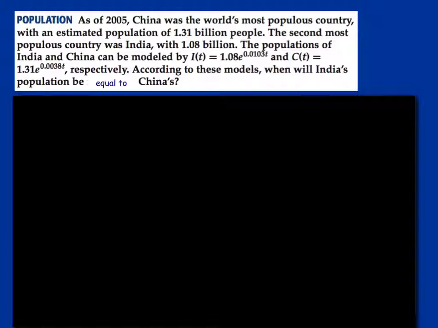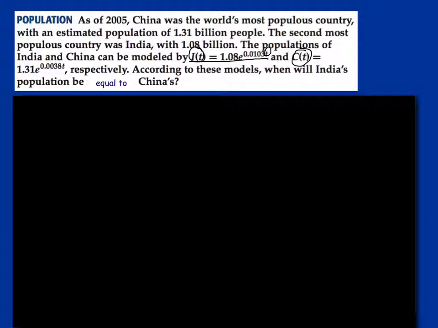So let's first look back to these functions. This is the population of India, where I is the population, and it's a function of time. It's dependent on time, and c of t is the population of China, where c is a function of time.